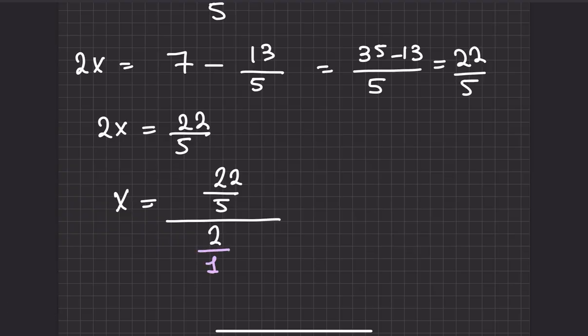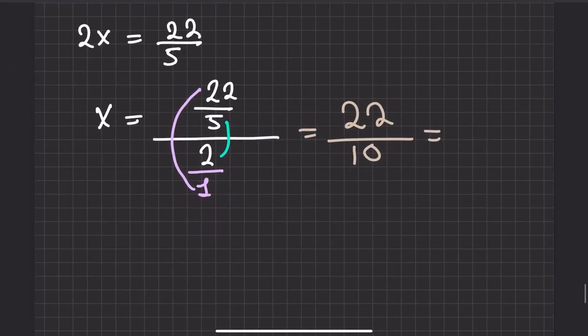What you have to do is multiply these two tops together and these two bottoms together. So here the answer would be 22 times 1 is 22 and 5 times 2 is 10. You're going to simplify, so I'm going to divide it by 2, so it's going to be 11 over 5.